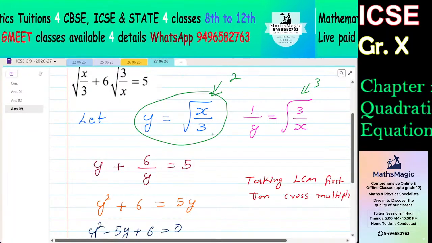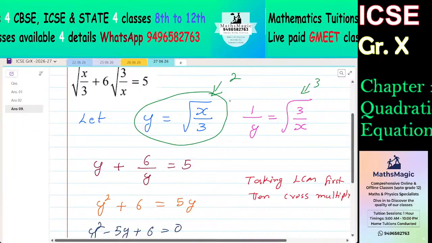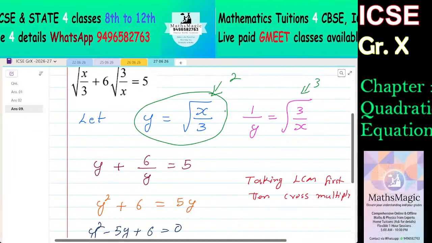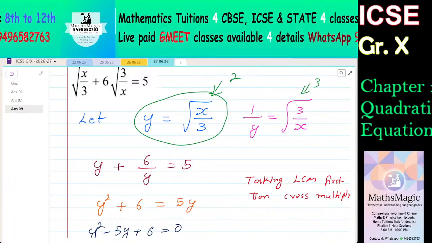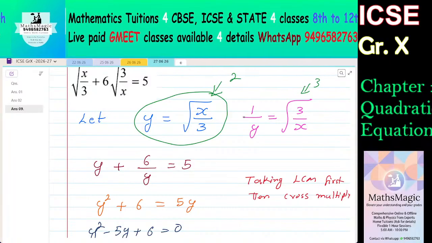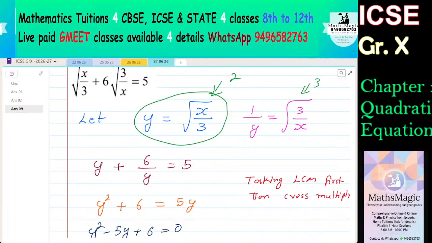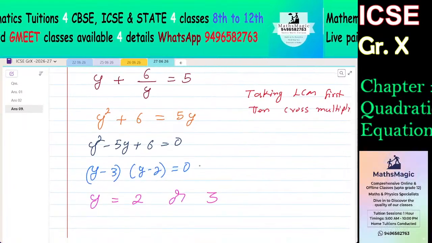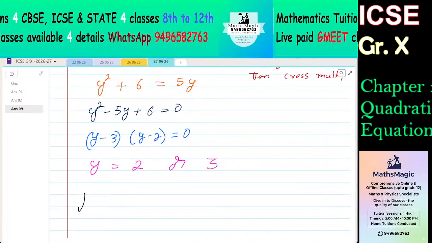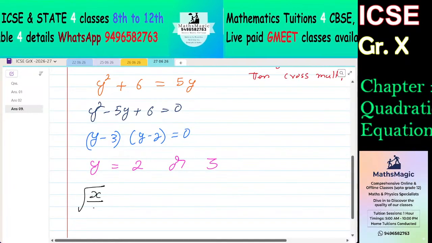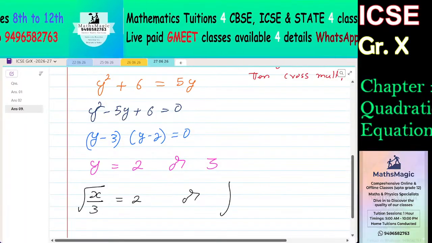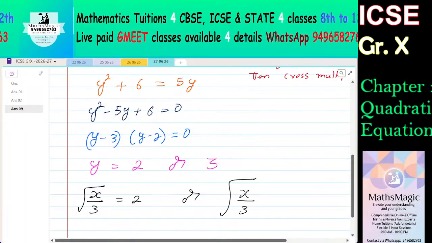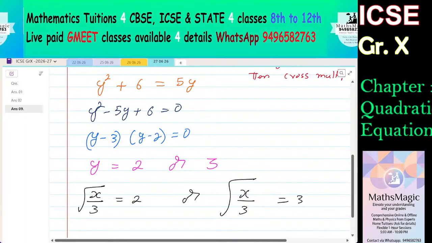So first you need to equate root of x by 3 as 2, then you need to equate root of x by 3 as 3. It doesn't mean that one is 2 and 1 by y is 3. It's not like that. So you need to find two values: root of x by 3 equals 2 or root of x by 3 equals 3.